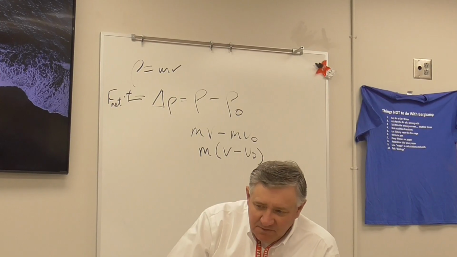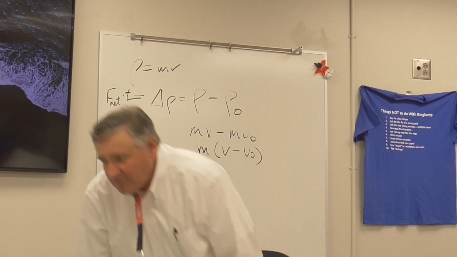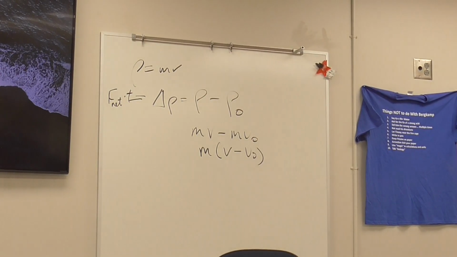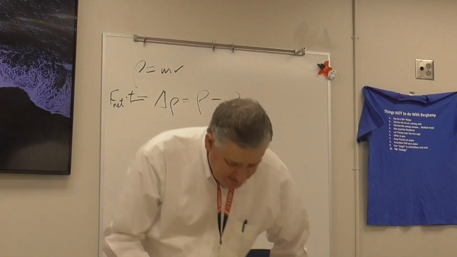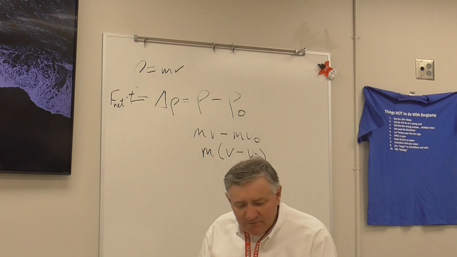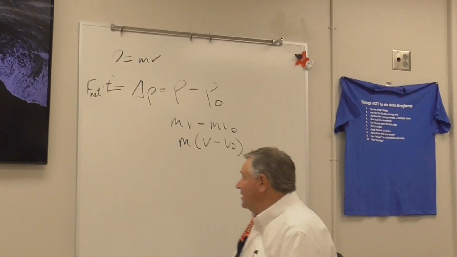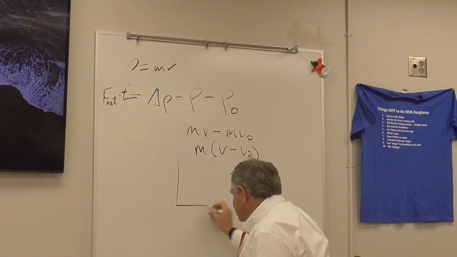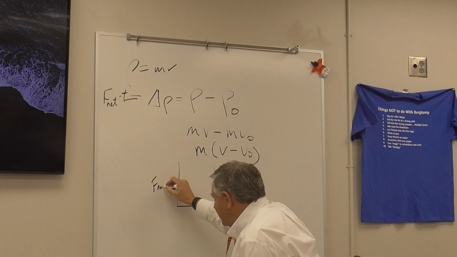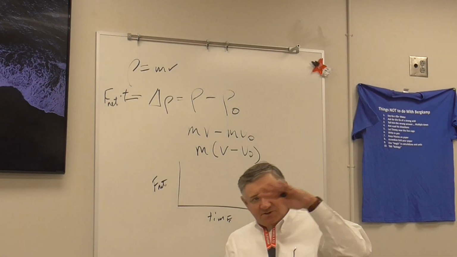So, when you look at these questions, specifically question number 6, you've got two different graphs. You're gonna have a net force versus time and a momentum versus time graph. If it's net force versus time, there's two shapes you can have with this.